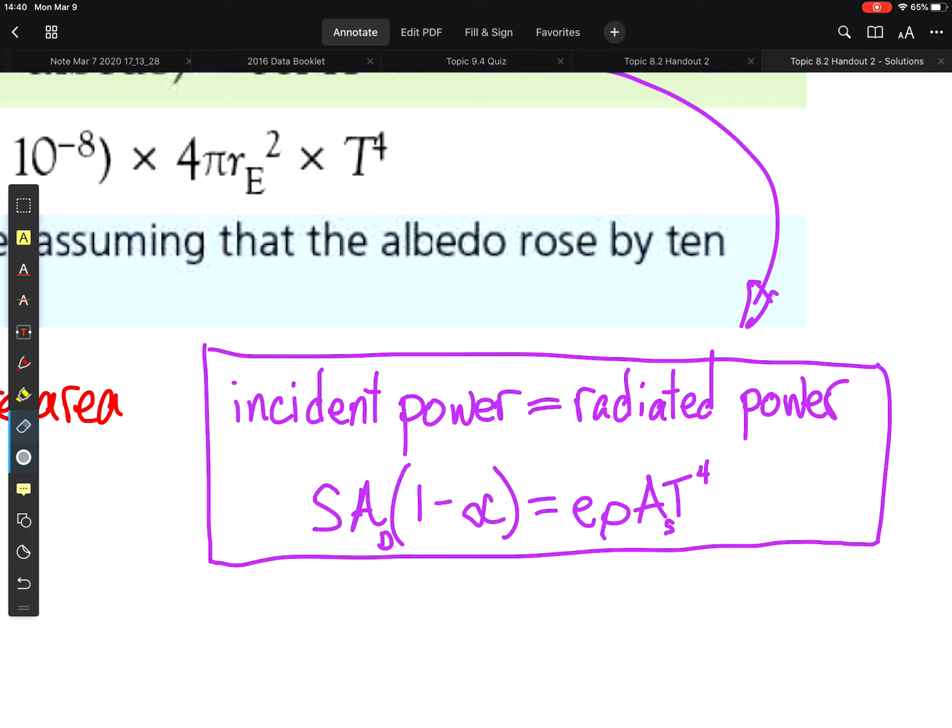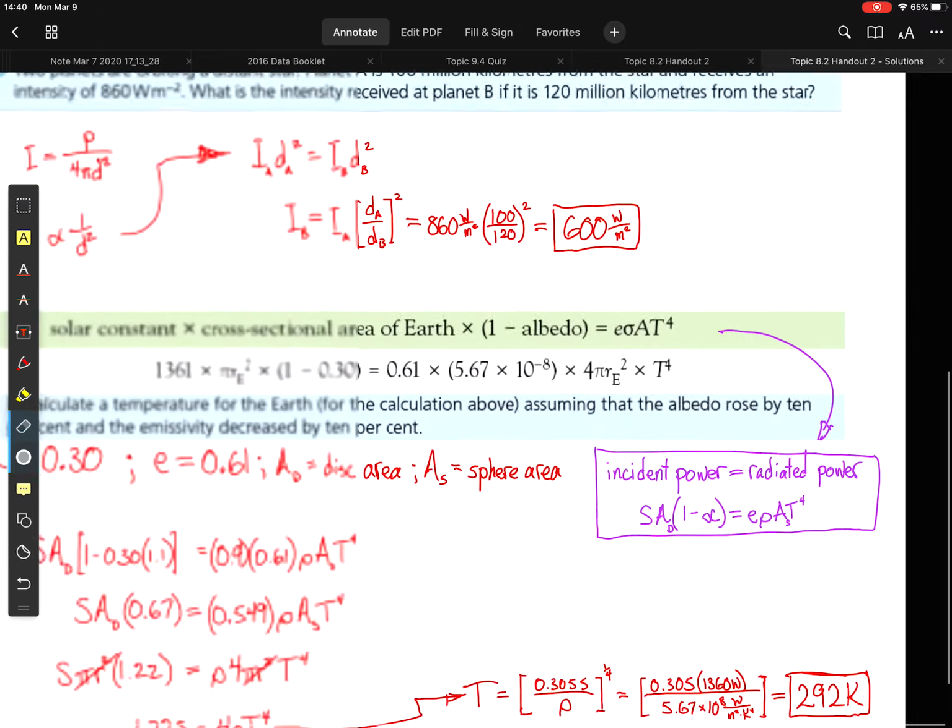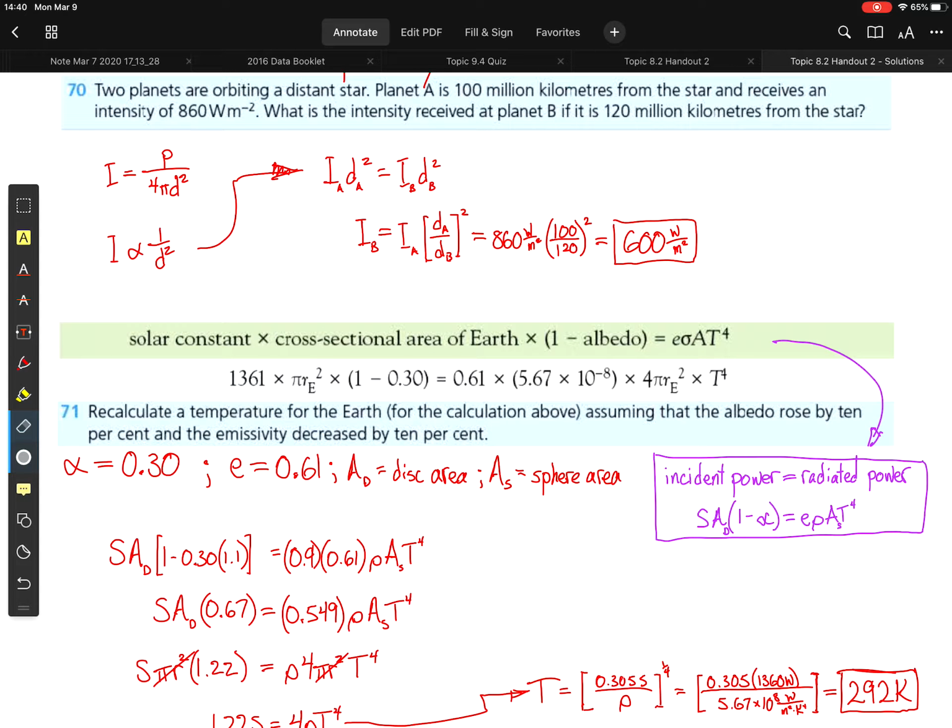So these are the equations that are implicit in that statement, and this equation is not in your data booklet, so you probably want to make a note here. I recommend making a note.